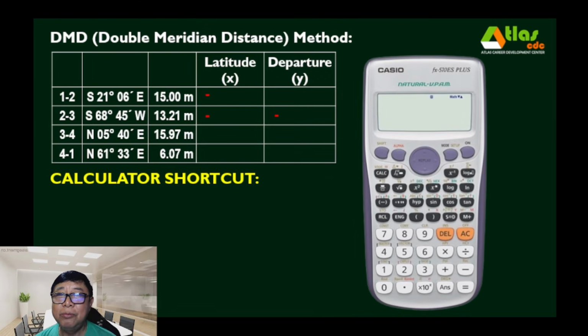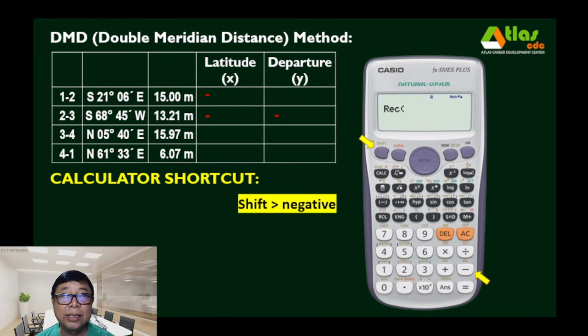So if you have your calculator, the first thing that you have to do in determining the latitude and the departure is to press shift and negative. Once you press those two, you will see in your calculator screen the following: Rec and open parenthesis.